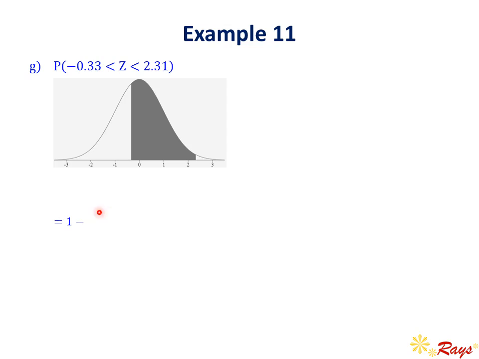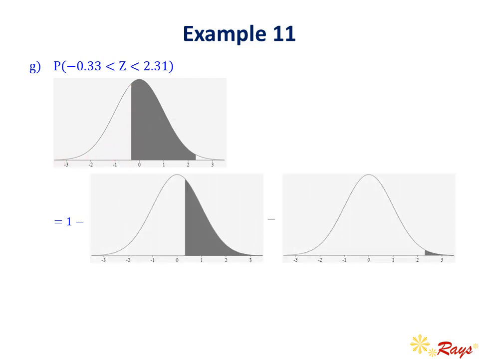So the probability of the whole area, the whole bell curve, is 1 minus the probability for this area, but we transfer that to the right tail. This is how it looks like, and minus this smaller area here. Now we can find the probability for Z greater than 0.33 and the probability of Z greater than 2.31.